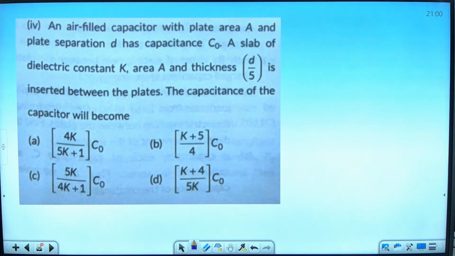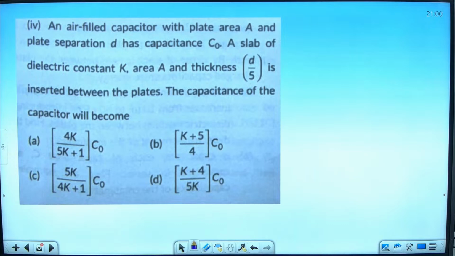Solve this question. You have to solve it only. Air filled capacitor, plate area A and plate separation D, has capacitance C naught. A slab of dielectric constant K, area A, thickness D by 5 is introduced. What is the capacitance? Solve and get the answer. C is equal to epsilon naught A by D minus T plus T by K. T is given as D by 5. Simple question.